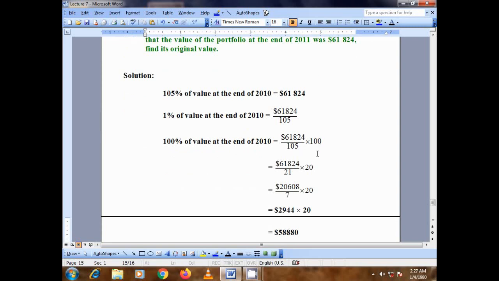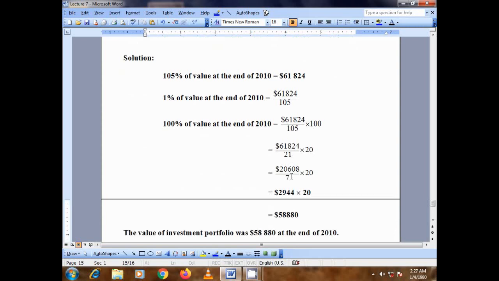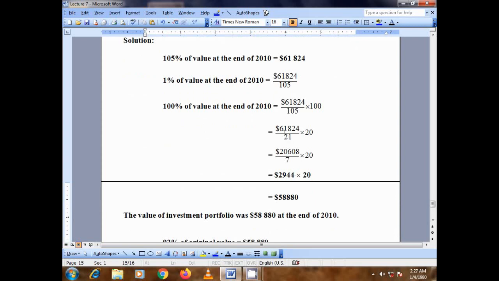Once again, 105 and 100 both are multiples of 5, so we can divide these two numbers by 5. If you divide 100 by 5, the quotient is 20. Same as if you divide 105 by 5, you will have the quotient 21.